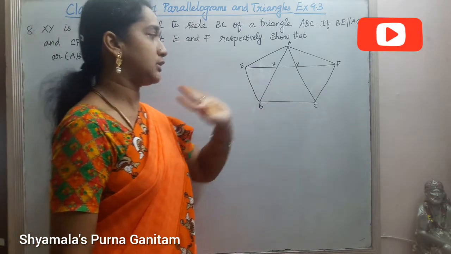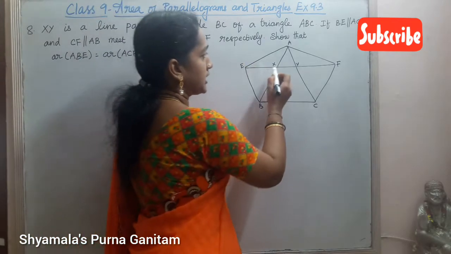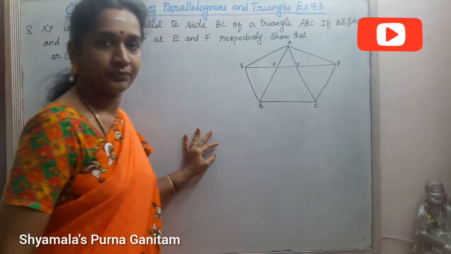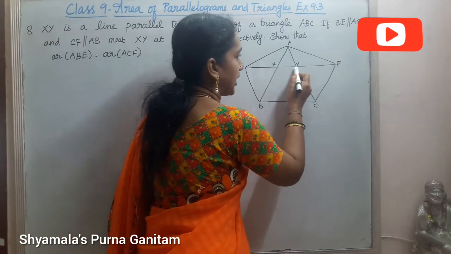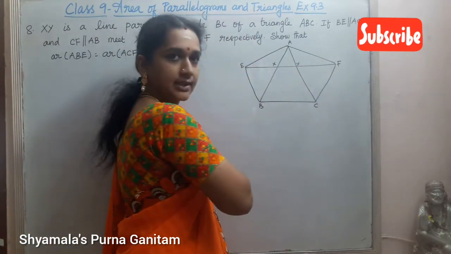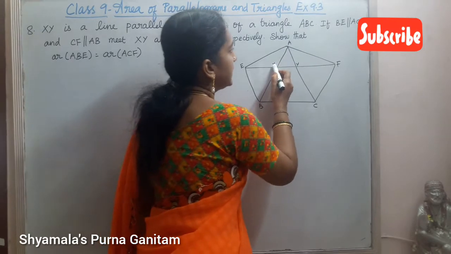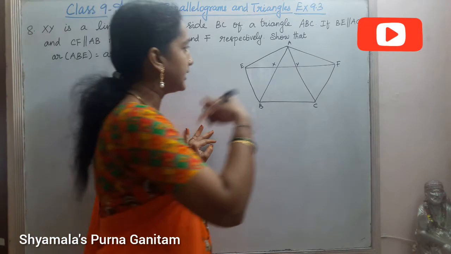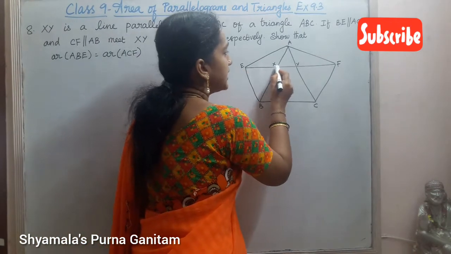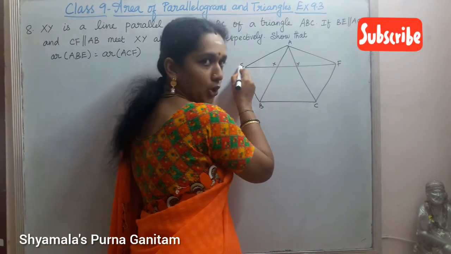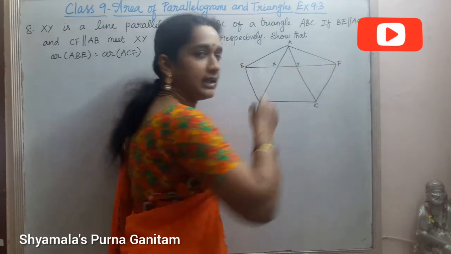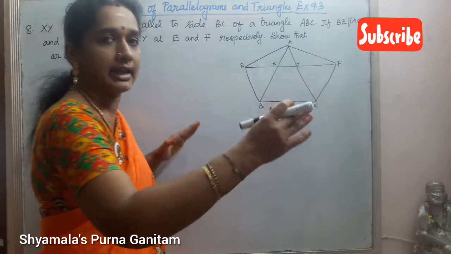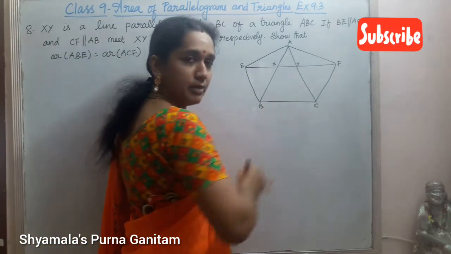Okay, so for proving that, in the question it is given XY is parallel to BC. This line XY is extended on both sides. So we can say that XF is parallel to BC. Since XY is parallel to BC, the extended line will also be parallel to BC.